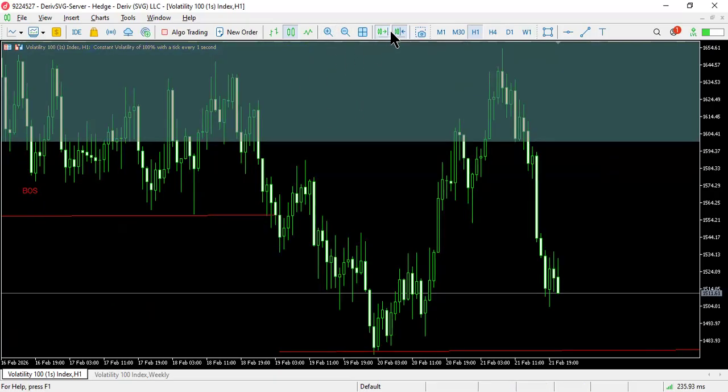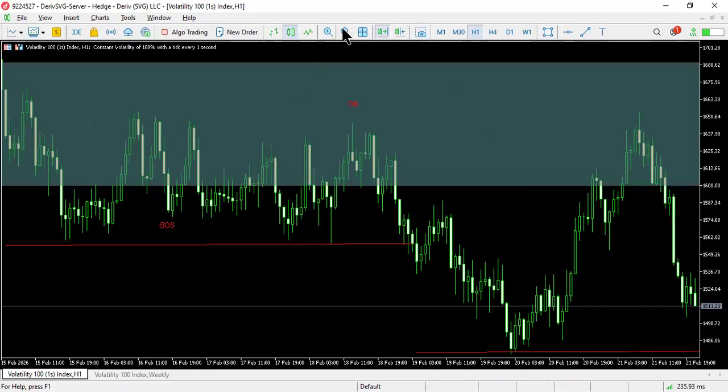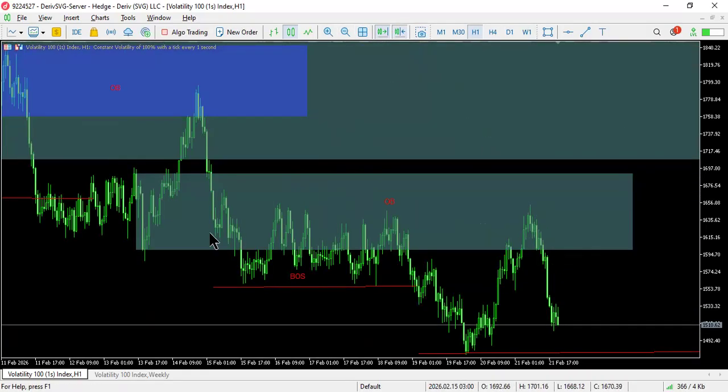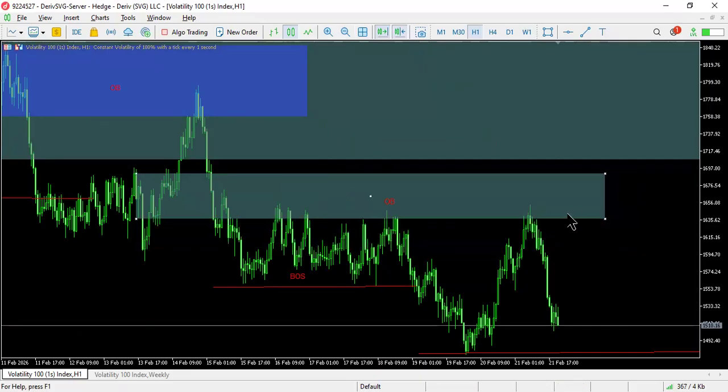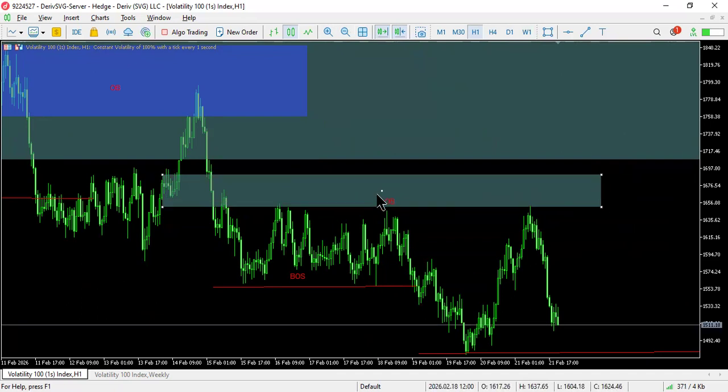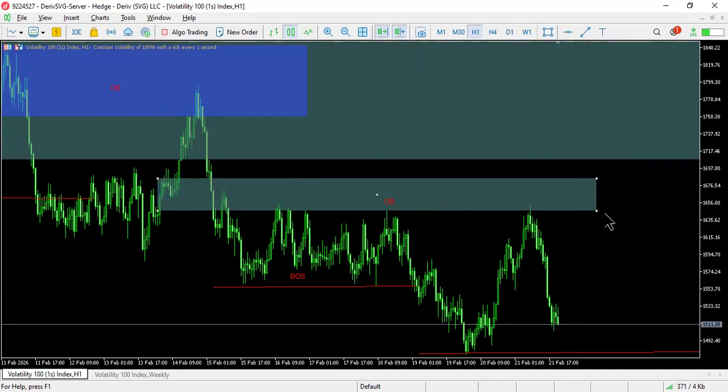From the 1 hour time frame, we can see that all this has already played out. So we are not working with structures that have already played out.